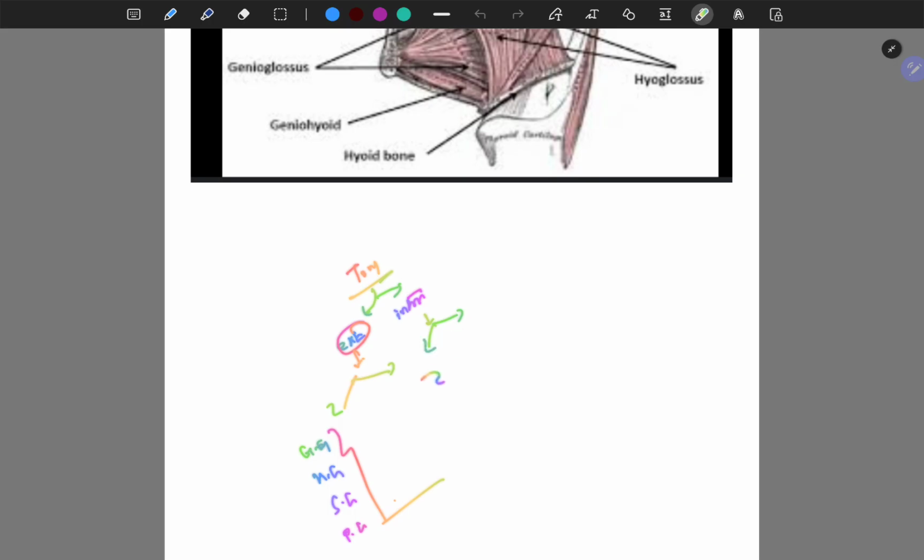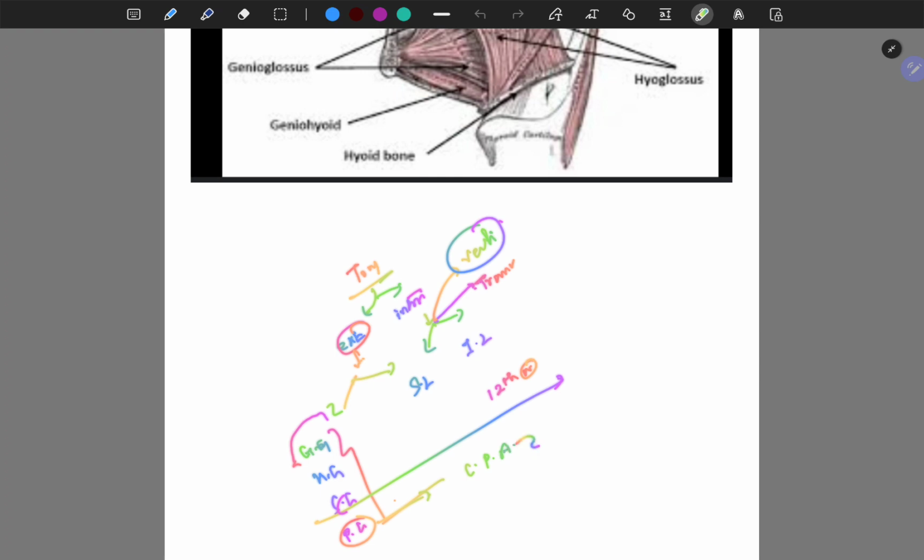Intrinsic: superior longitudinal, inferior longitudinal, transverse, and vertical muscles. All muscles are supplied by the hypoglossal nerve except palatoglossus, which is supplied by the cranial part of the accessory nerve.